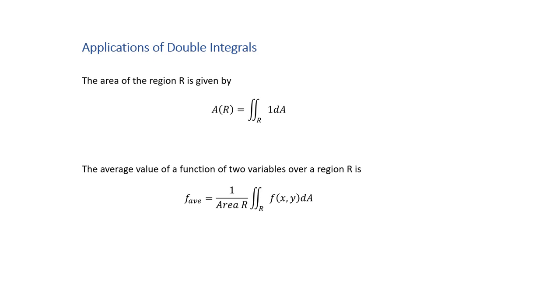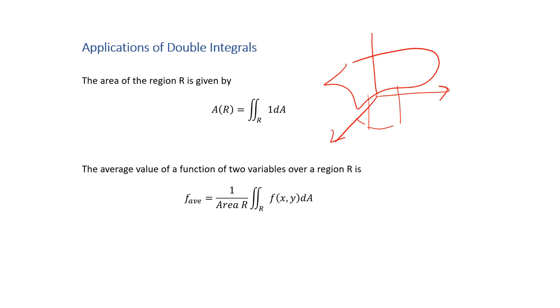We can extend this: if you have a surface that has positive z values, above the xy plane, and you integrate it over some region, you'll end up getting the volume. And we'll definitely do more examples of that later on.